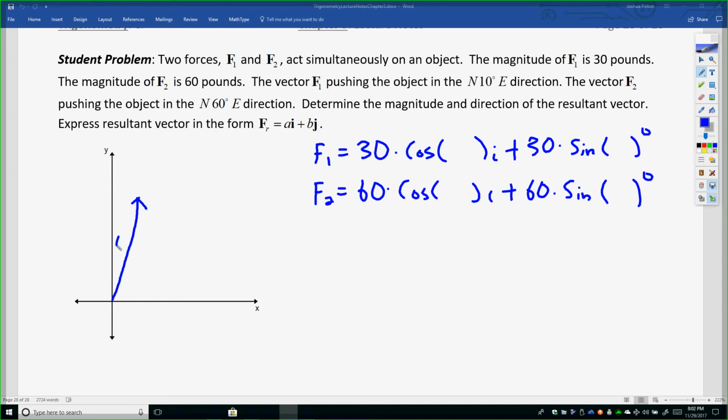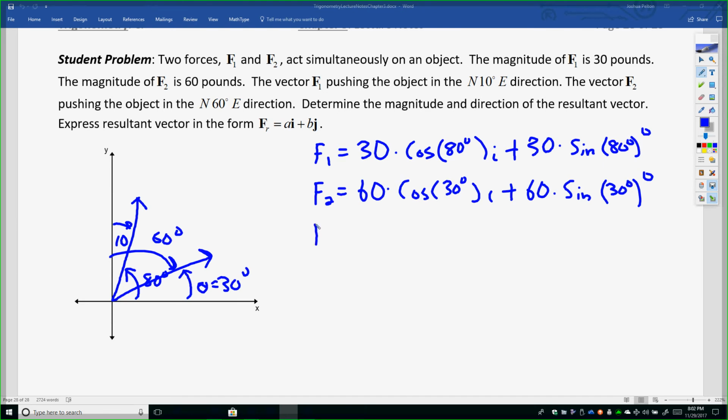If that's 10 degrees, then the remainder is 80 degrees. The bearing's 10, the trig angle is 80. The next one is north by 60, which means my actual theta for the angle is 30 degrees.